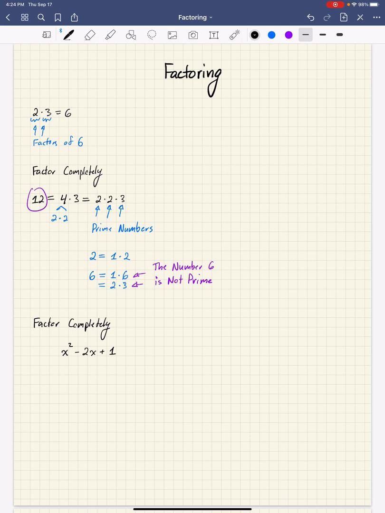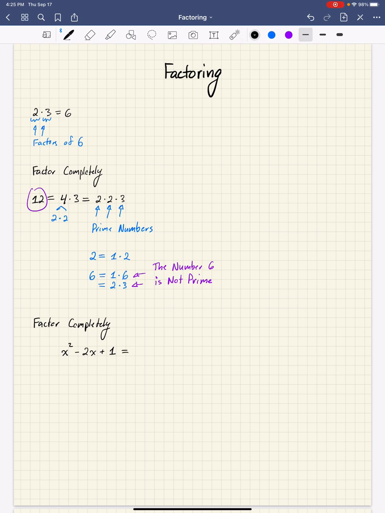Here, this is not one single number that we can just say, oh, this is just 5, or this is just 12. So things are a bit more complicated, but there are techniques for factoring expressions in this form.